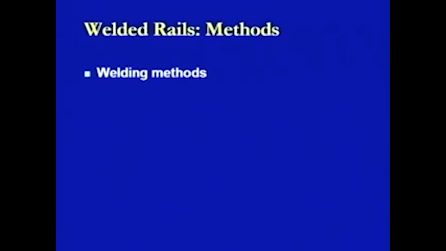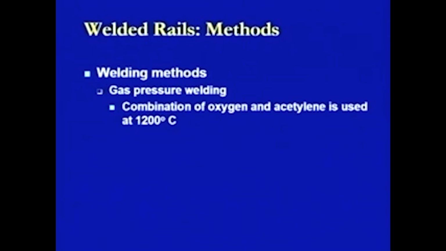So, as we have seen, we have four methods of welding, and we will look at all these four methods one by one. The first one is gas pressure welding. In this case, we use two types of gases, oxygen and acetylene, used together maybe in two different cylinders, and we have to go up to a temperature of 1200 degrees centigrade, at which the two rail sections which have been butted together will start flowing and become one section.